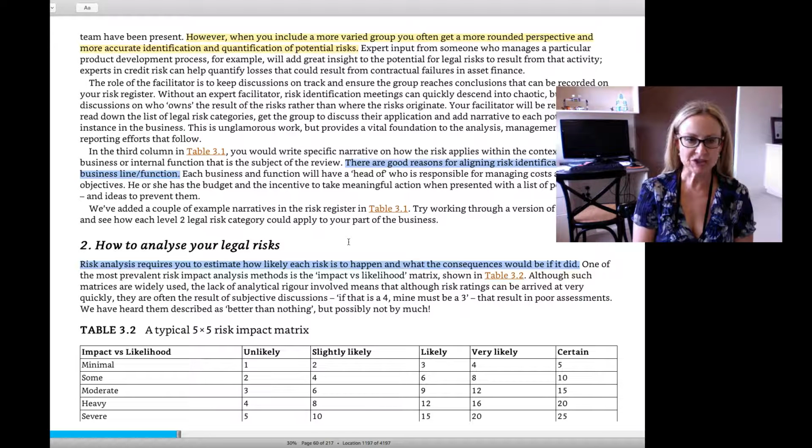Okay, so what you are actually going to wind up with is something like what you've got here in the textbook. So you've got impact versus likelihood down there. You can see the sliding scale moving downward, moving towards more severe.